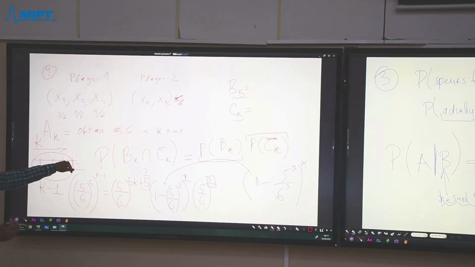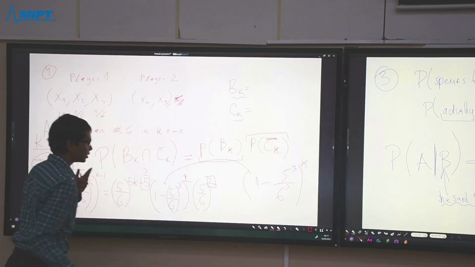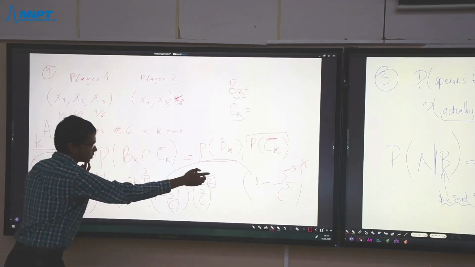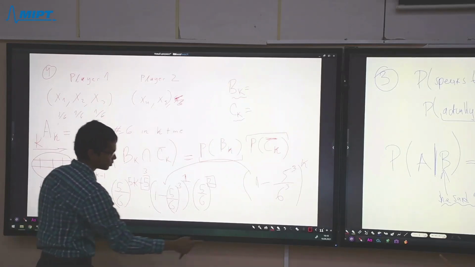And on the kth case, this thing happened. So this is the probability that the 5k minus 3. Yes. Well, after, yeah, you subtract this 5.